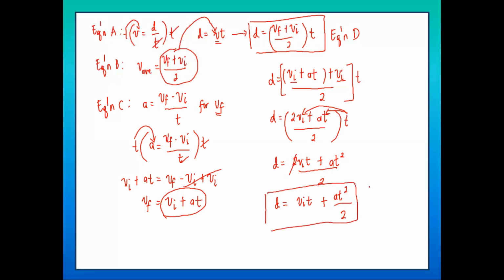We will tag this or label this as equation E. Okay, so this equation E shows that the displacement of the body is directly proportional to the square of time. Okay? And this confirms that for equal time interval, displacement increases quadratically. Okay?